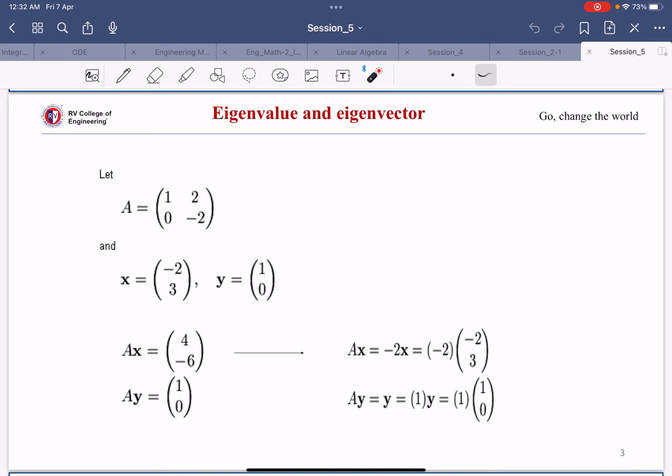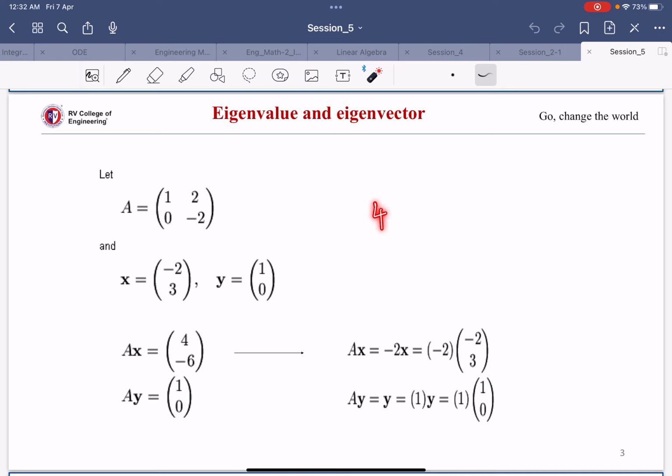We consider two column matrices, x = (minus 2, 3) and y = (1, 0), which are otherwise called column vectors. When I multiply the matrix A with x and y, Ax gives me another column vector (4, minus 6). Ay gives me another column vector (1, 0).